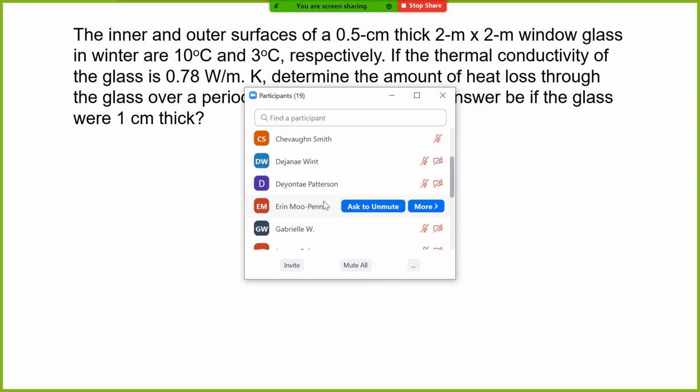We don't know. Let me just check something quickly. Let me just verify something. My bad. Yeah, you're right. You're right, dude.